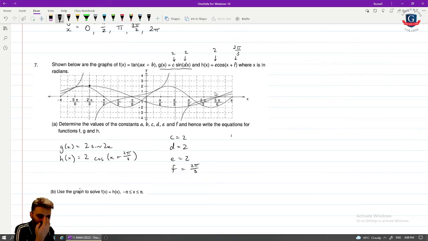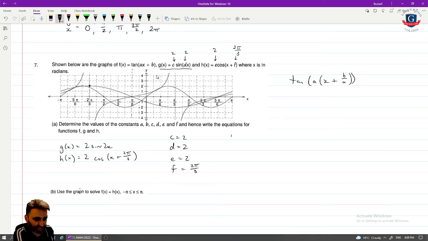only leaves our tan function. So if we look here, that's been shifted. Now, the interesting thing about the way they've written it, tan of a, x plus b on a. So we're going to have to be a little bit careful.